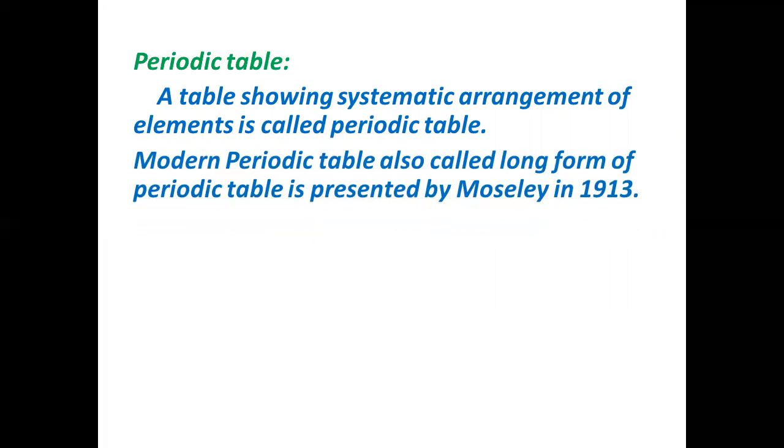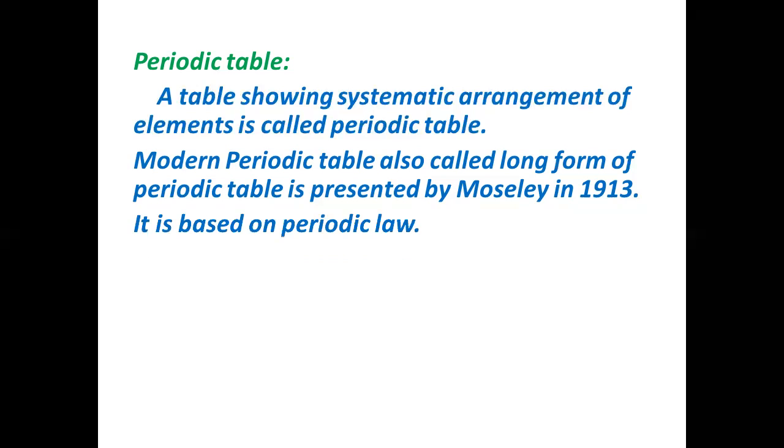There are many periodic tables presented by many scientists, but the periodic table which we are using until now is called modern periodic table or long form of periodic table, and is presented by Moseley in 1913.